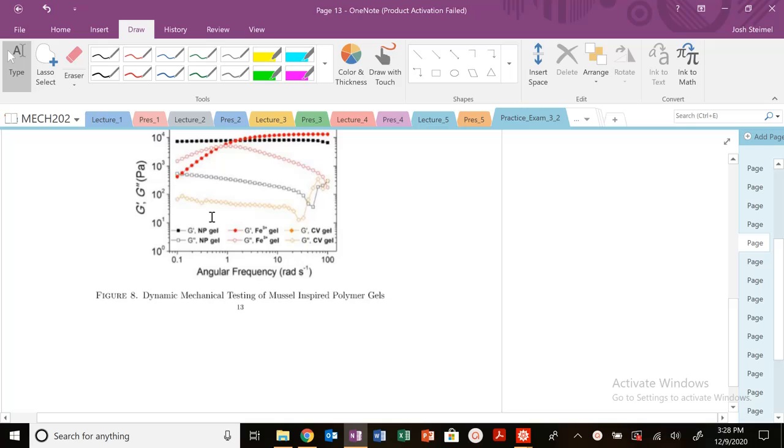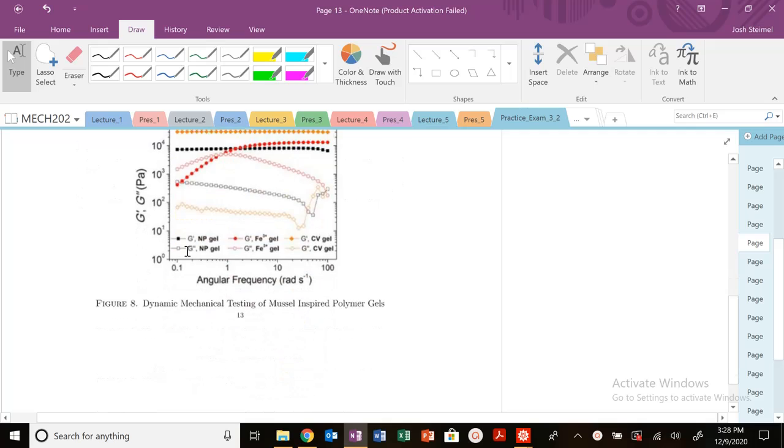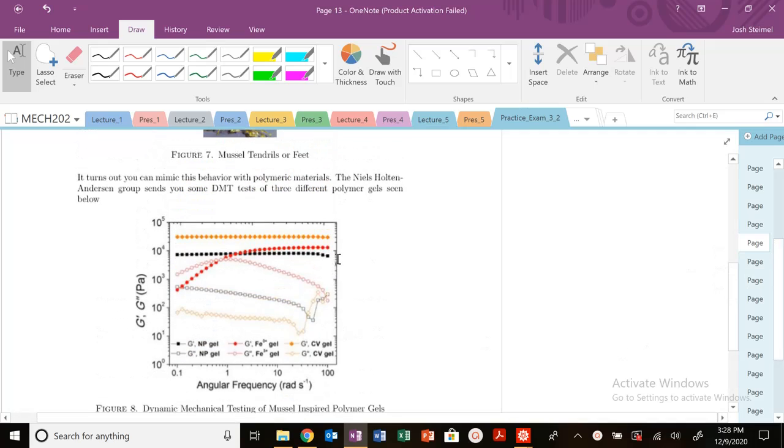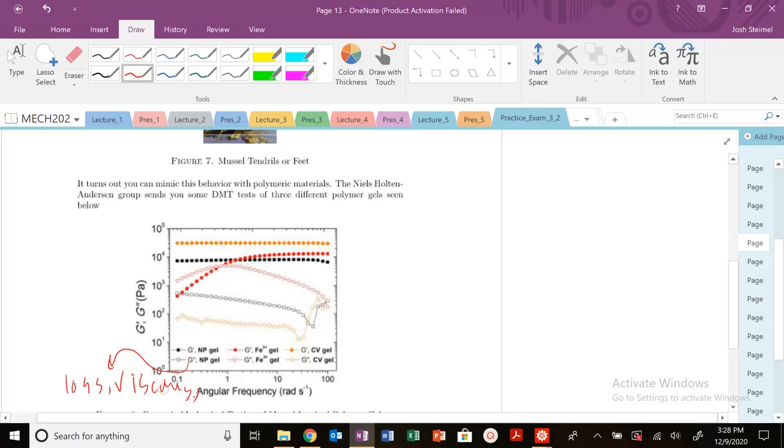This group has made basically 3 different polymer gels, as you can see here, and we've run some dynamic mechanical testing. Before we get started, this corresponds to our loss modulus, G double prime, i.e. viscous, out of phase.